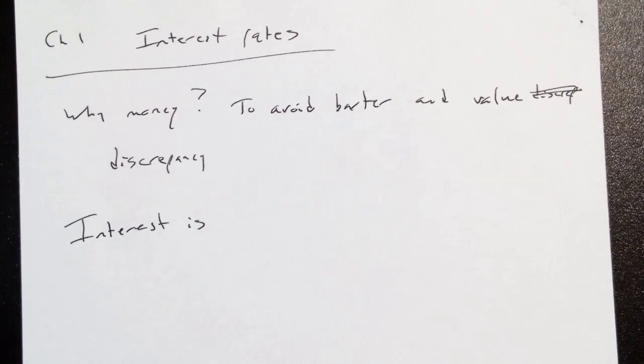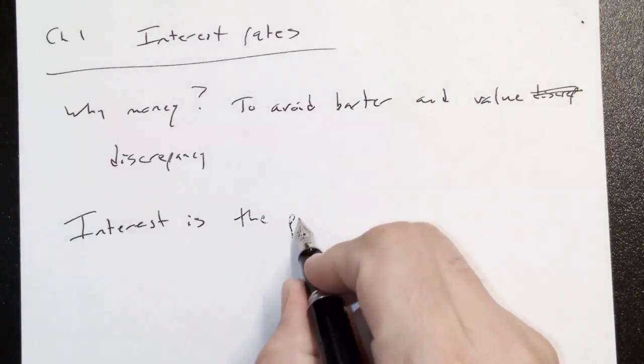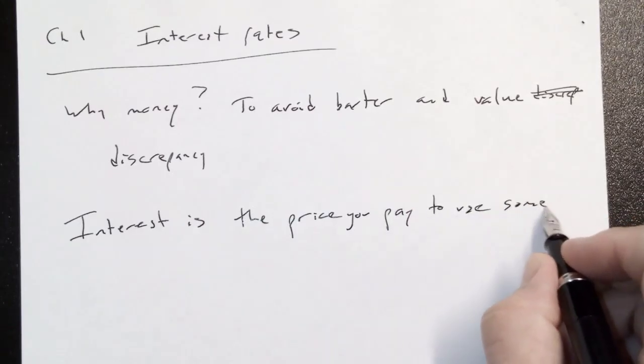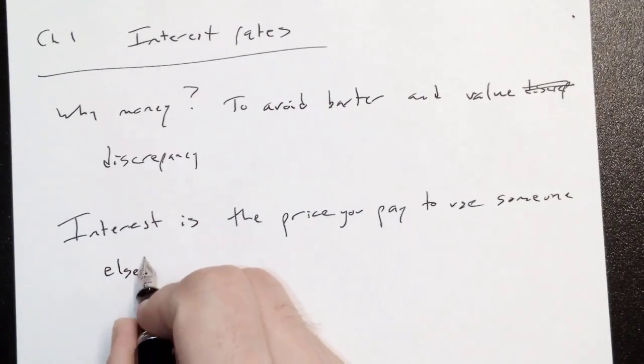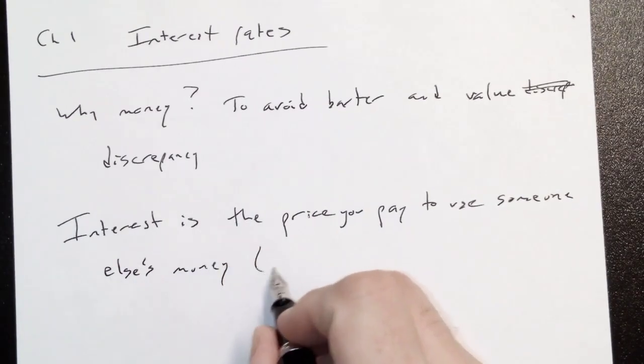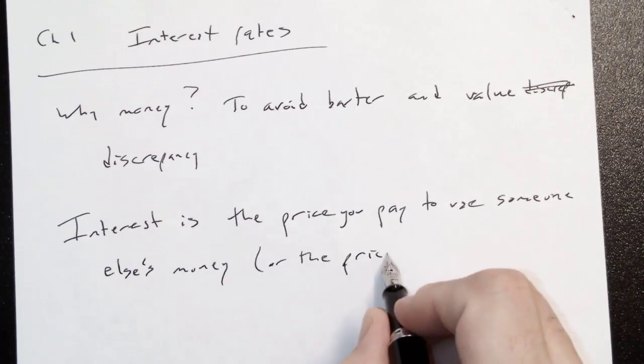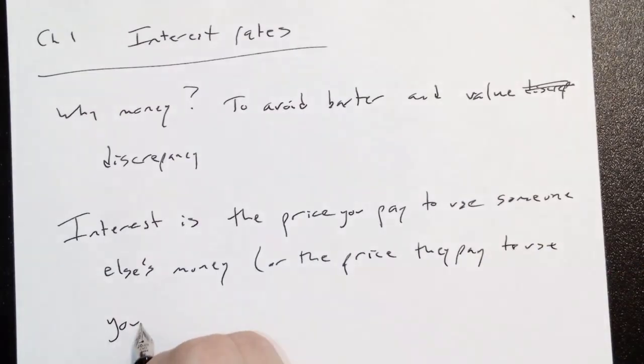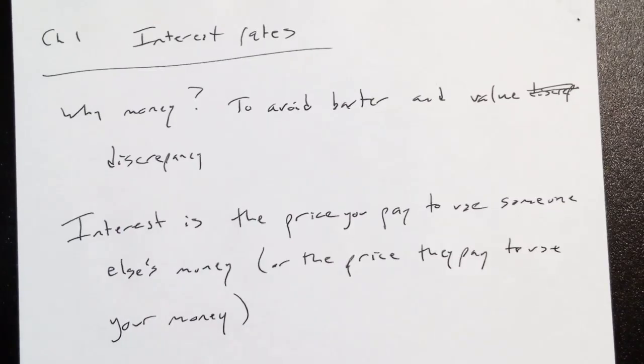The definition of interest is the privilege you pay to use someone else's money, or what someone pays you to use your money. Depending on which side of the equation you're on, it's either the price you pay to use someone else's money or the price that they pay to use yours.